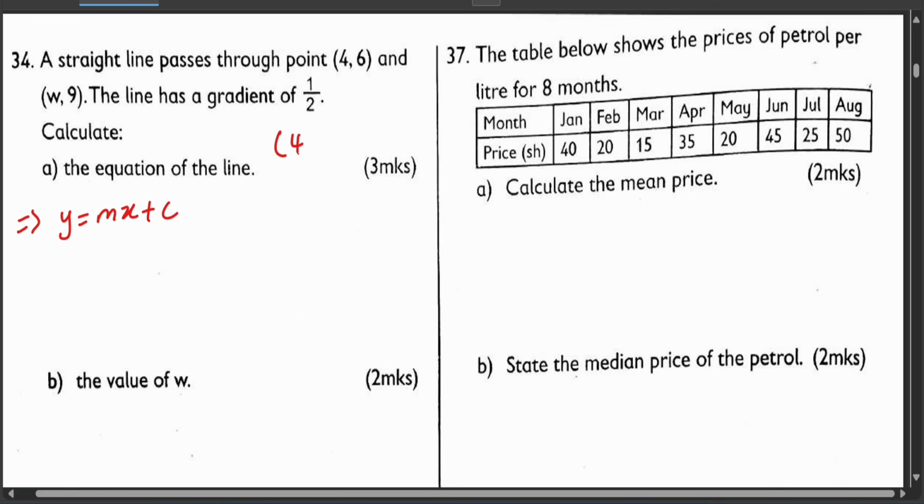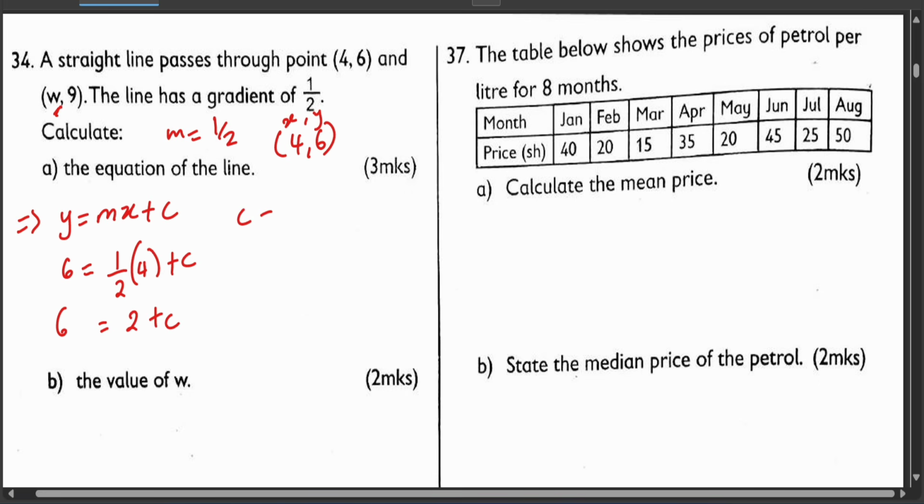There is the point, let's say 4,6; you can't use the other point because you don't know its x coordinate. The gradient is your m. Now you just replace where there is y with 6, m with a half, times your x which is 4, plus c. You're just looking for c. A half times 4 is 2.